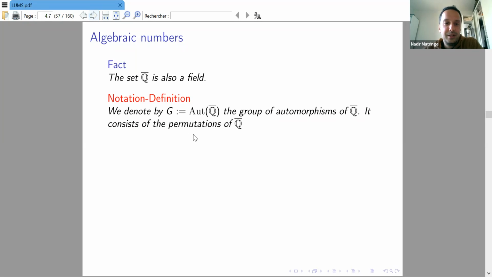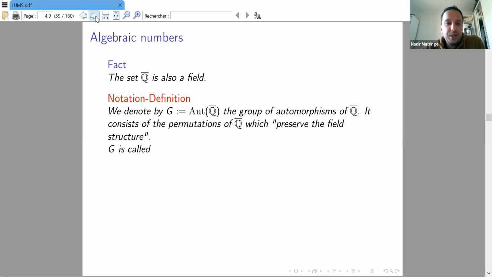It is the set of bijections from Q bar to itself which preserve the field structure of Q bar. So this is the set of permutations from Q bar to Q bar which preserve addition and multiplication, basically, and send 1 to 1.